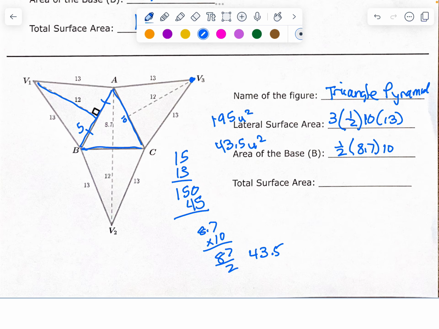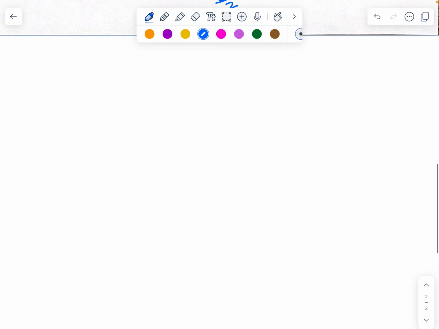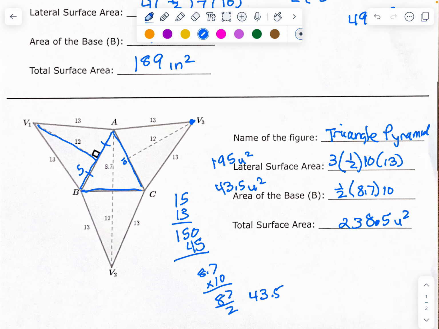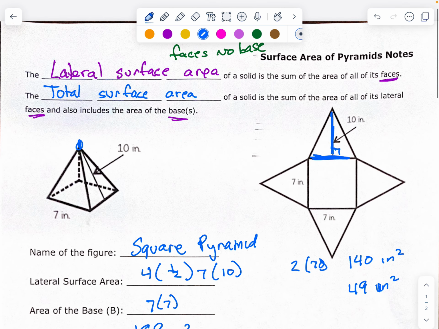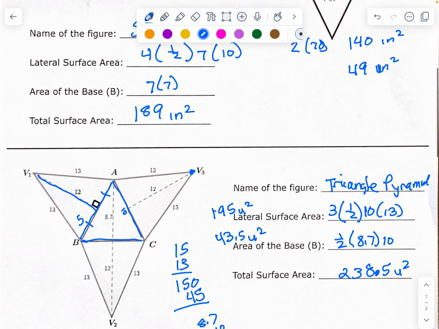So the total of it is 238.5 units squared. And literally that is what you are doing on surface area of pyramids.